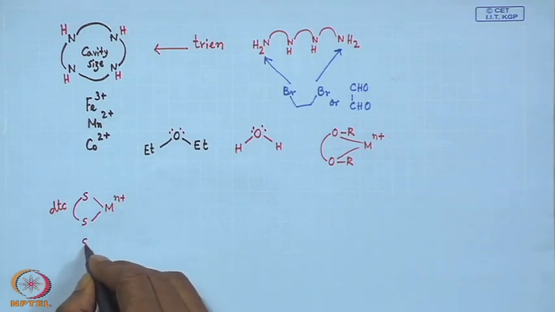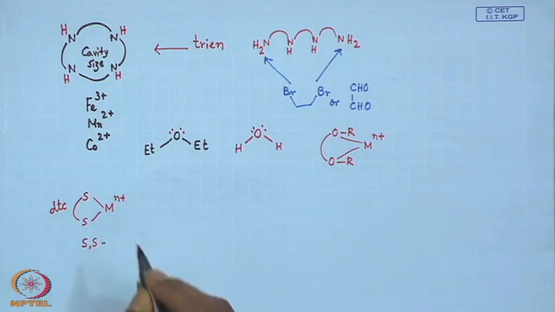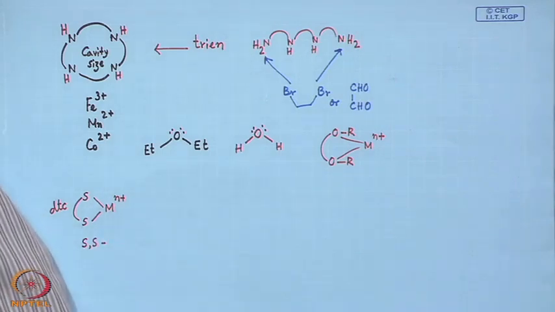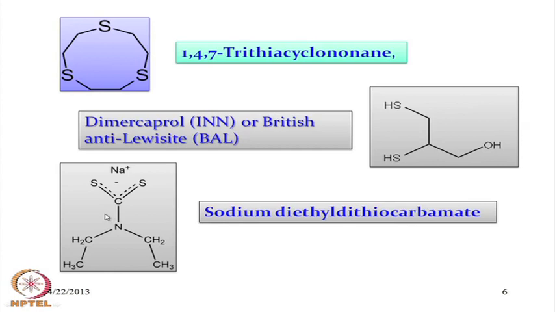So, an SS bidentate ligand is our diethyl dithiocarbamate, and this diethyl dithiocarbamate can further be categorized according to binding to different metal centers.